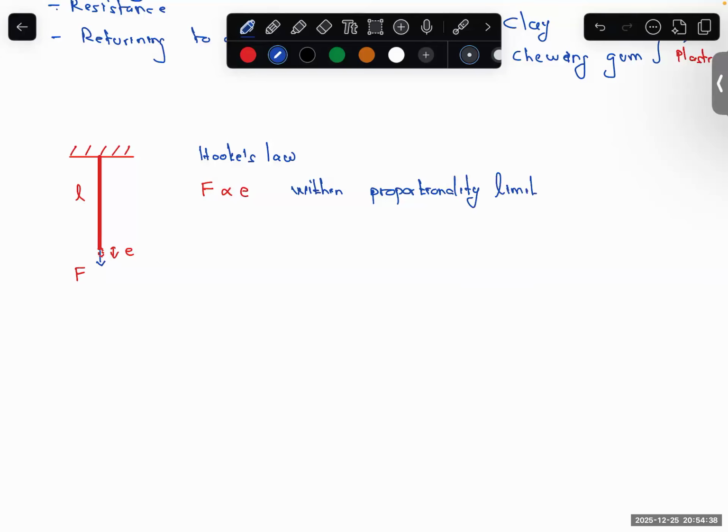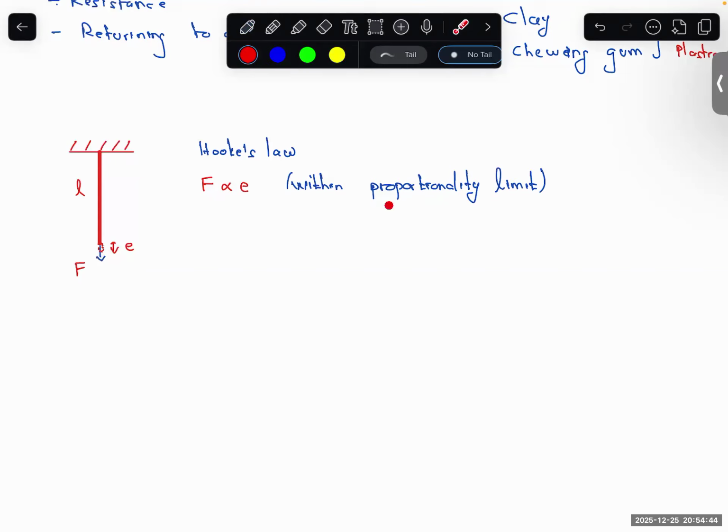So it's proportional until it has reached the proportionality limit. After that, the equation is not valid.